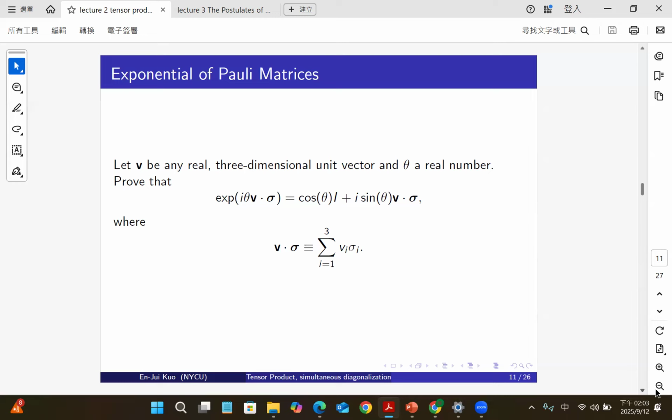Notice there is a fact, but we can try to compute it. Let's say I compute (sigma dot v) squared, I just want to check.